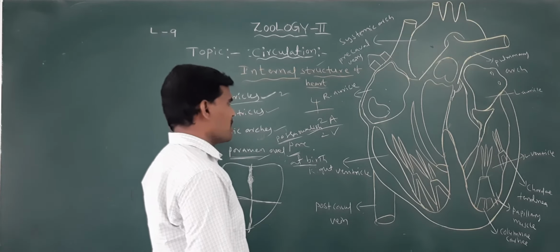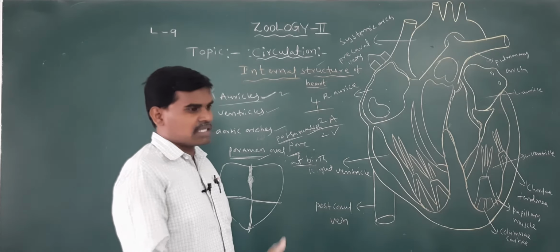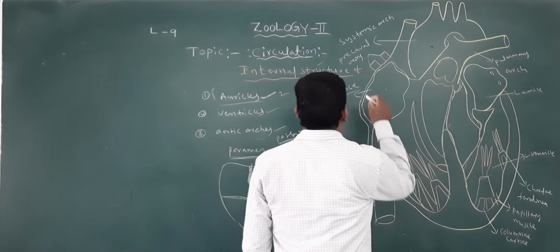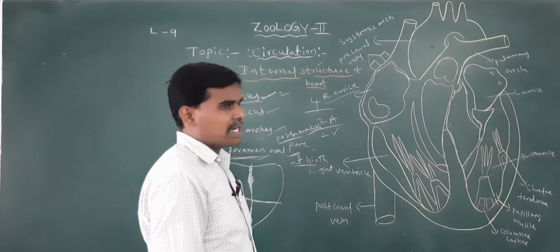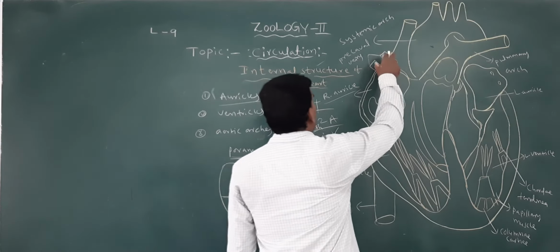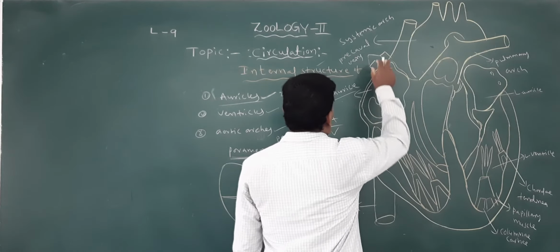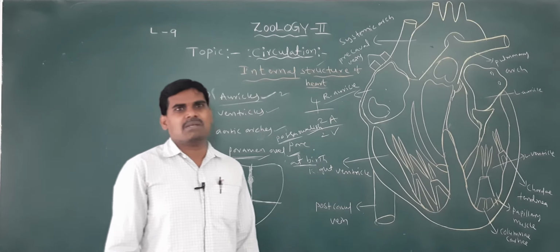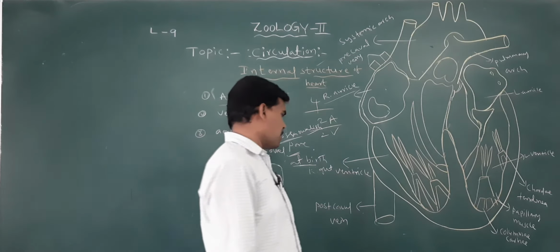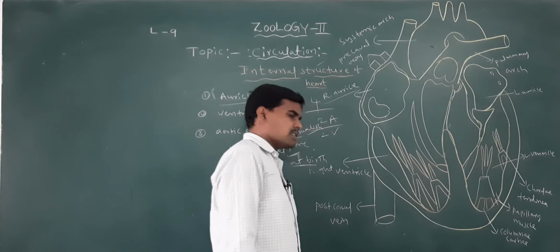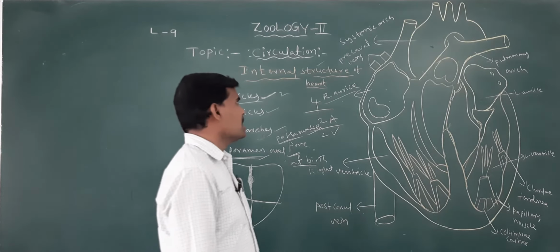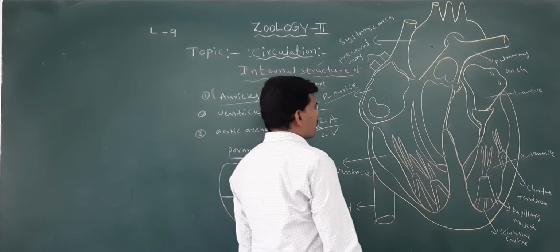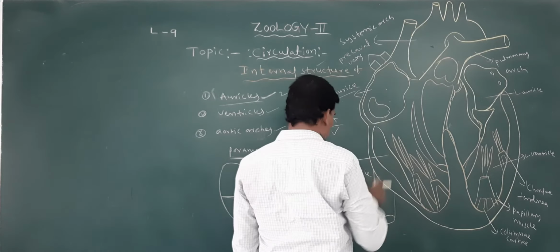The auricles are receiving chambers because the right and left auricles receive blood from different parts of the body. First, the right auricle receives deoxygenated blood from different body parts through the precaval and postcaval veins.